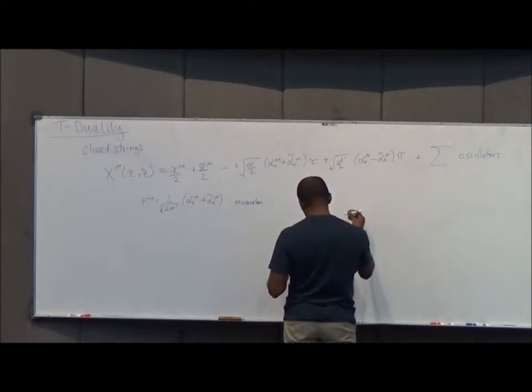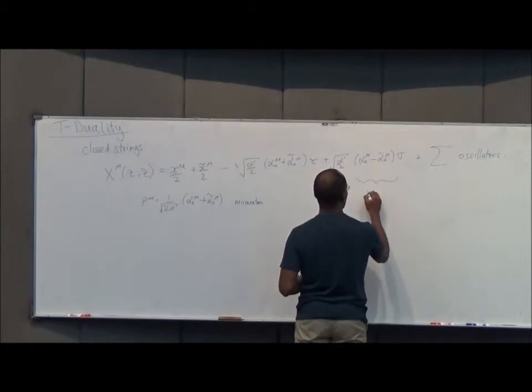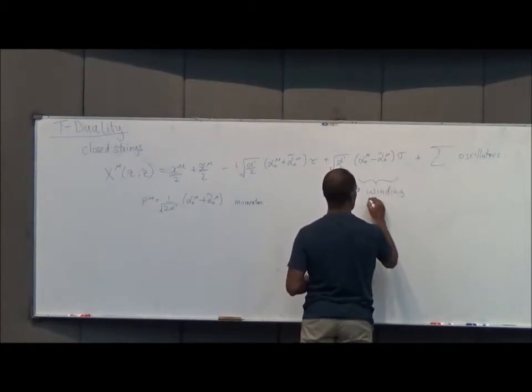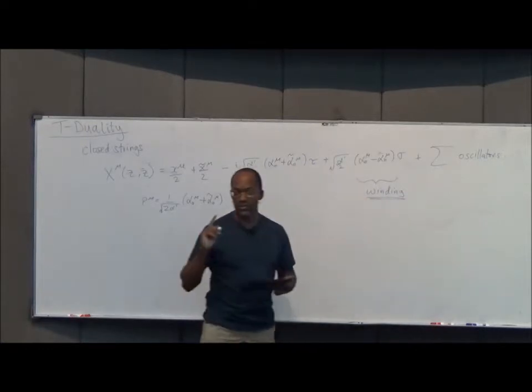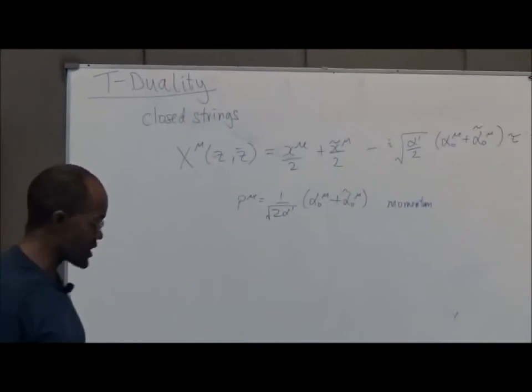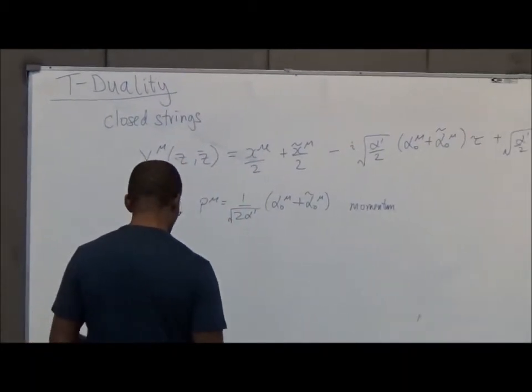This difference is going to be keeping track of winding. And that's going to be very important, so that's why I've made it explicit. And we'll see right now why it's winding.